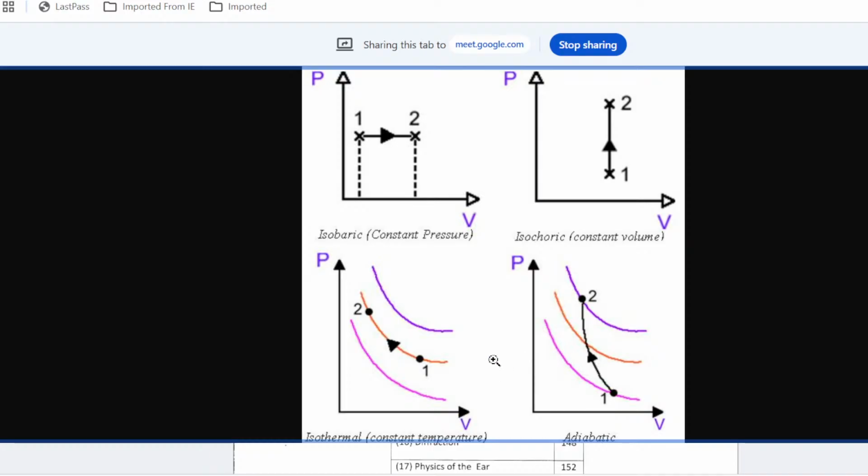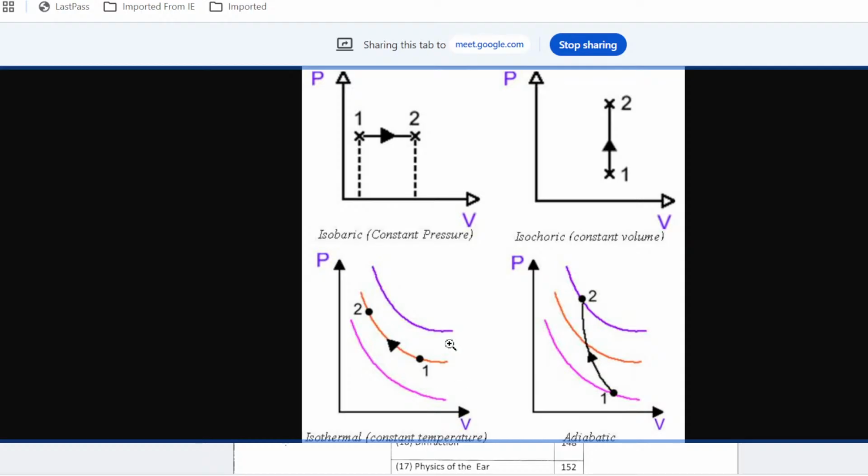So you just need to draw that curved line to show the change. In isothermal though, one thing to note, just because there's no temperature axis on the graph, if it's isothermal, that means there's no change in the internal energy.